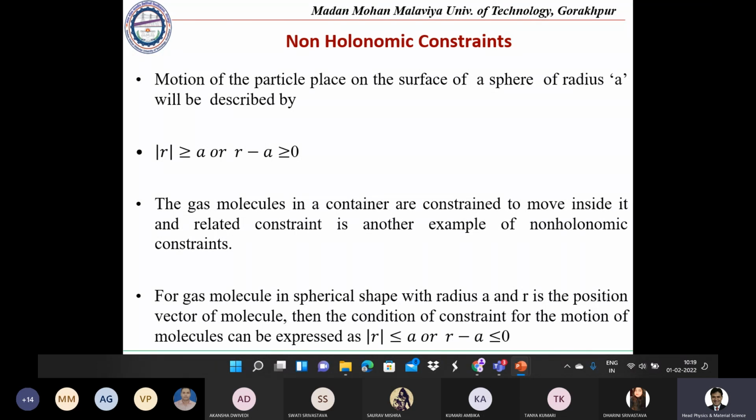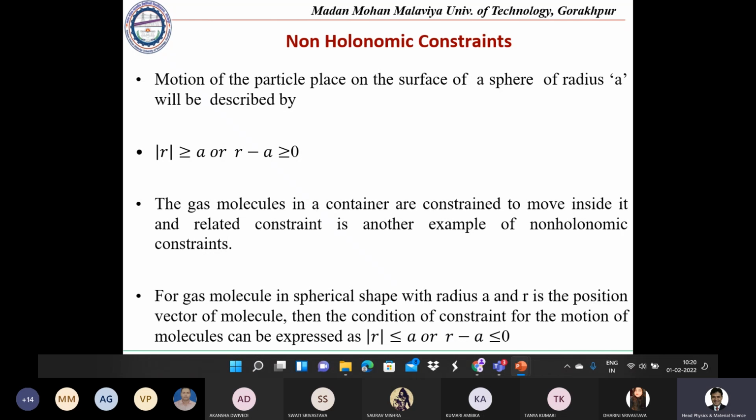Motion of a particle placed on the surface of a sphere of radius a will be described by, now look, the value of r greater than a, r minus a is greater than a. This looks a bit doubtful to me. It should always be less than that. Just check me whether I am right or wrong.